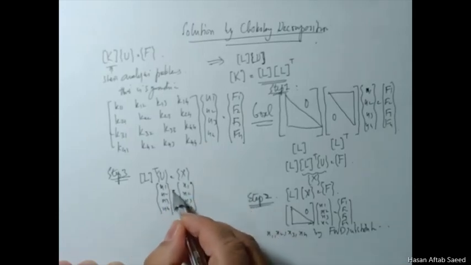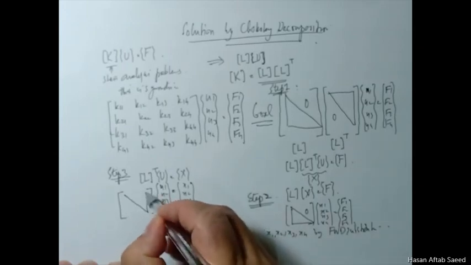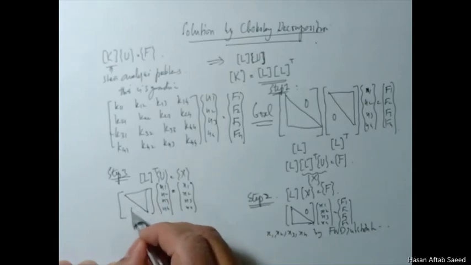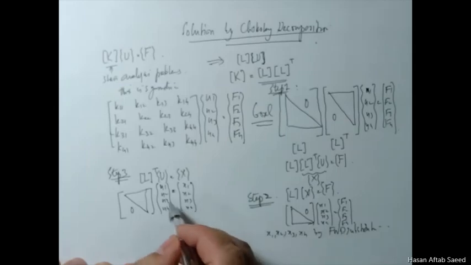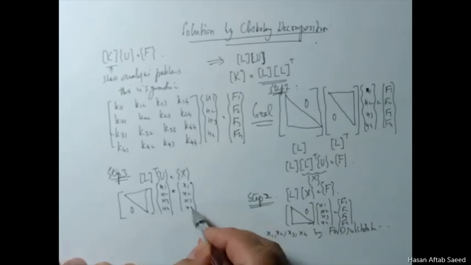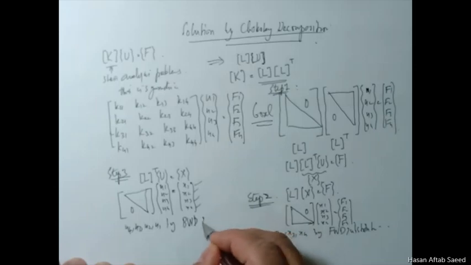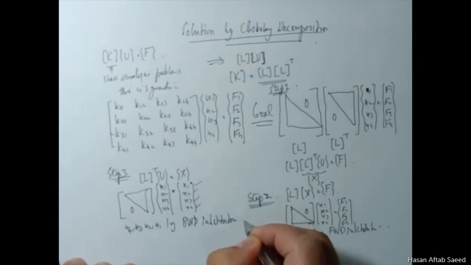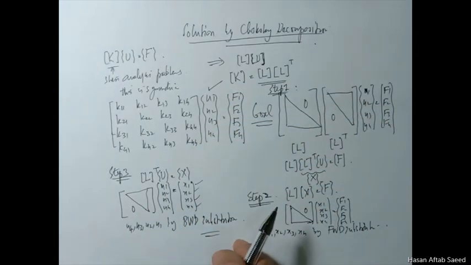These are the values that we want to calculate. And this one is now an upper triangular matrix, which is nothing but the transpose of this matrix, and all zero values here. So now here we did forward substitution. Here you can easily calculate. These values are known. You can calculate u4 first, then u3, u2, u1. So u4, u3, u2, u1 are calculated by backward substitution now, and that gives you the value this that you sought to find in the first place.